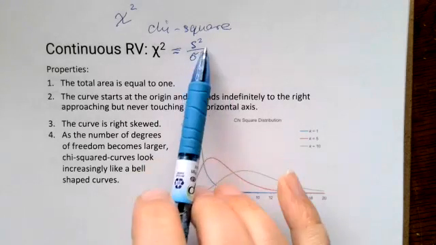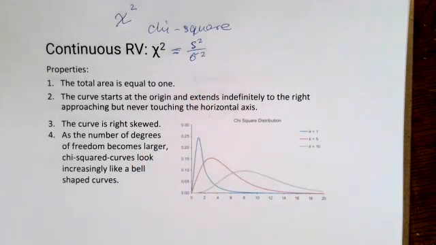First of all, this ratio is always positive, so there are no negative values for chi-square. It starts with a 0 and extends in a positive direction, always.